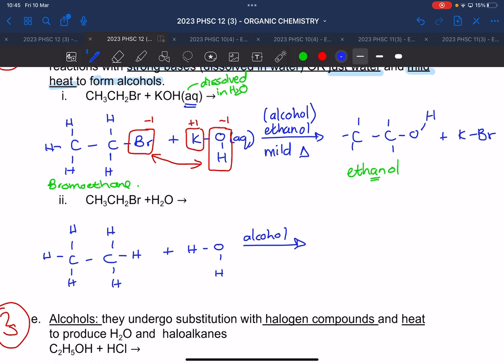Everything must happen in the presence of alcohol, and we must have mild heat. What's the difference between the two? In the first one we had the strong base dissolved in water, and in this one we just have water. But the same thing, oh sorry, here must be a bromo. Do the same reaction as above.